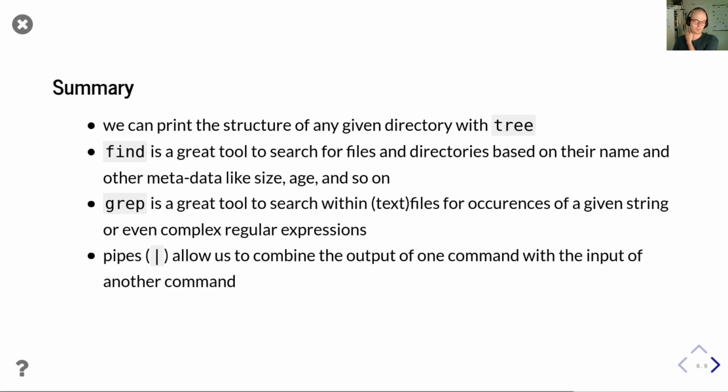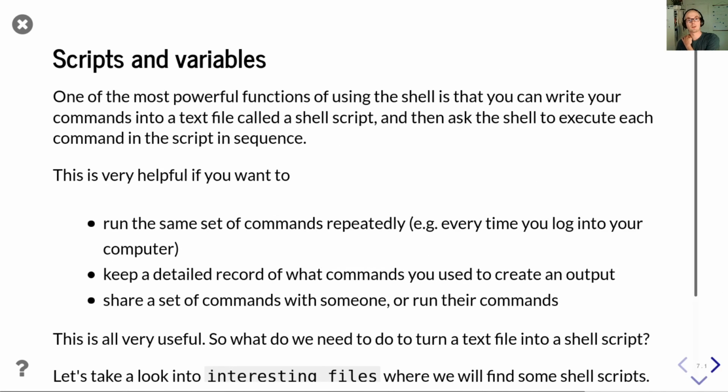The fourth thing that I want to show you today is how you write your own commands and your own scripts, basically. As I said in the beginning, one really powerful thing about all these commands that we're typing is that we can put them into a text file and then execute it, and it'll do the same thing as when you type them one by one and hit enter every time.